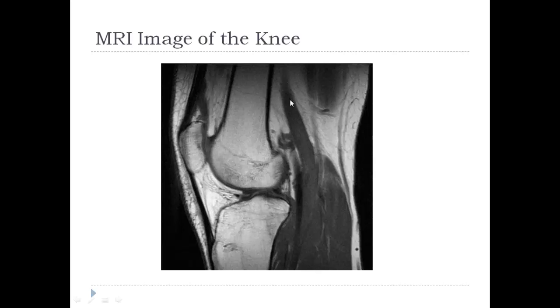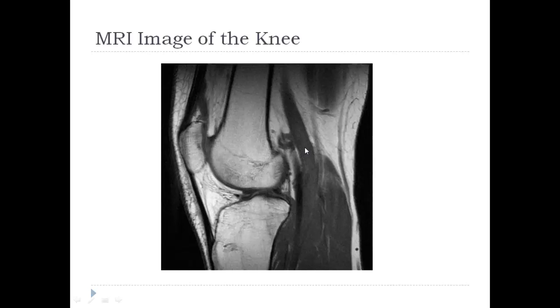So this whole knee has been placed in a specific magnetic field. We then fired radiophotons at the knee, and then that excited the hydrogen nuclei within the knee, and then they drop back down and they emit radio frequency radiation, and the bone and the tendon here have very different amounts of hydrogen.